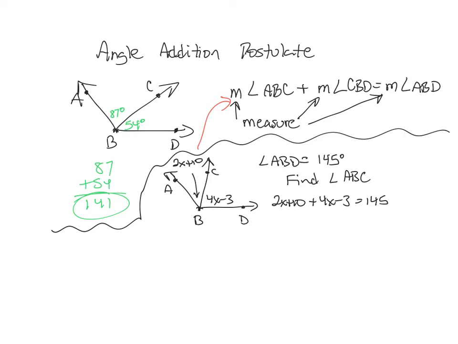So combining that 2x and the 4x, 6x, 10 minus 3 is 7. Subtract 7.